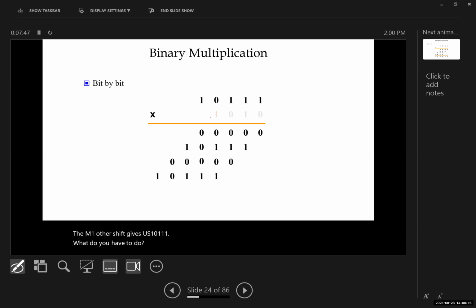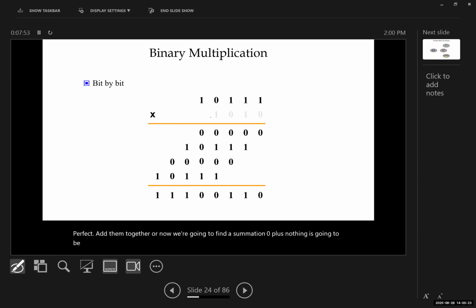Perfect, add them together. Now we're going to find a summation. 0 plus nothing is going to be 0, 0 plus 1 is going to give us 1, 0 plus 1 plus 0 gives us 1, 1 plus 1 gives us 10, so we keep the 0 and add the carry on. Now 1 plus 1 again is going to give us 01, and now 1 plus 1 plus 1 gives us 11, and then 1 plus 0 gives us 1, and the last one goes.